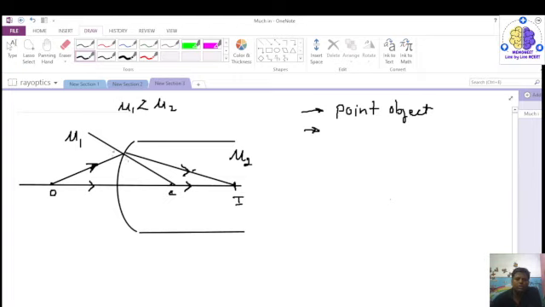This is the normal, this is the incident ray. So let this be angle of incidence i, and this will be the angle of refraction r. Let this be angle alpha, let this be angle beta, and this be angle gamma, right?